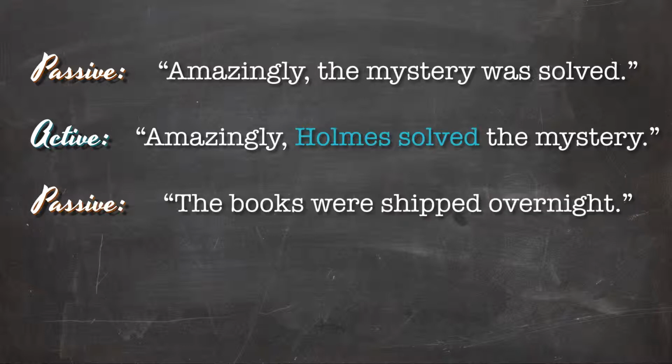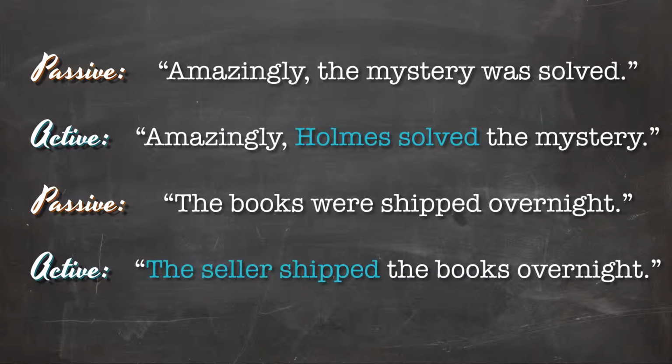Passive. The books were shipped overnight. Active. The seller shipped the books overnight. In those passive sentences, you wouldn't automatically be able to figure out who was doing the action, but in your own writing, you will usually have the context clues that you need to supply those subjects.